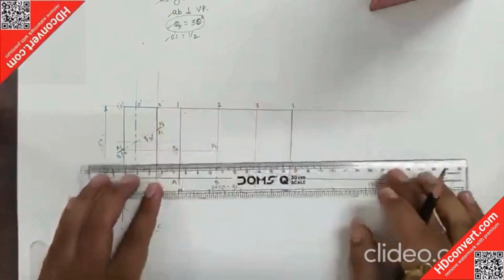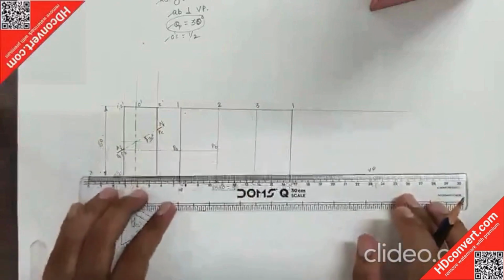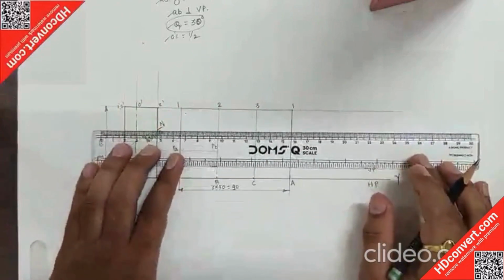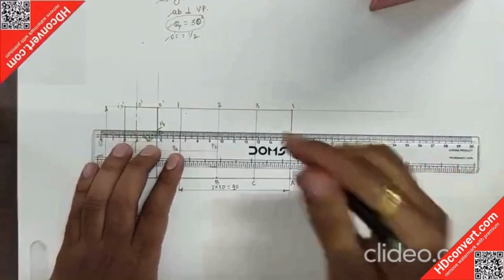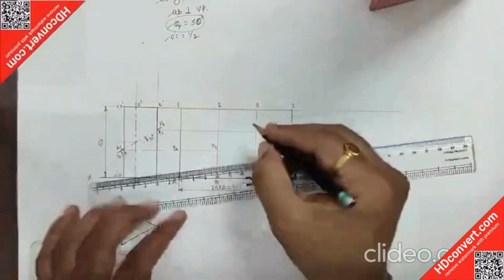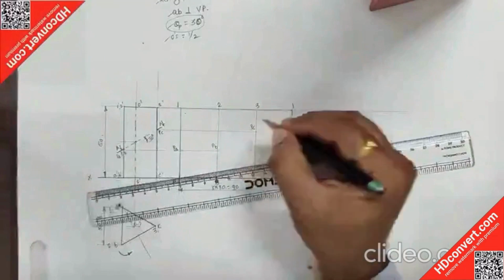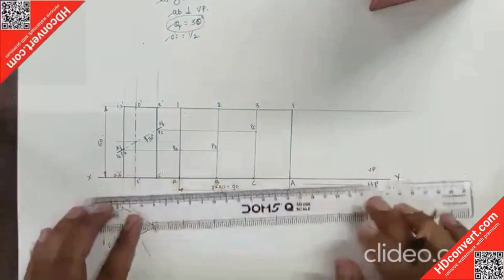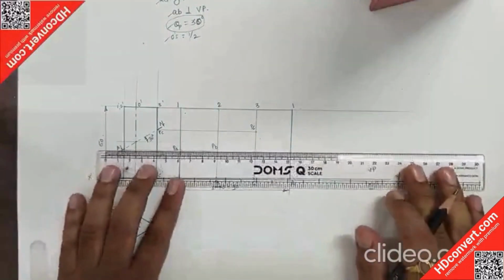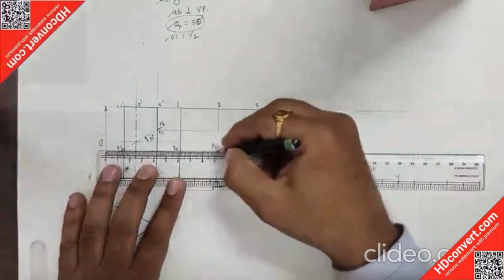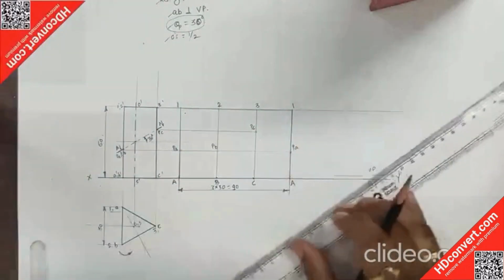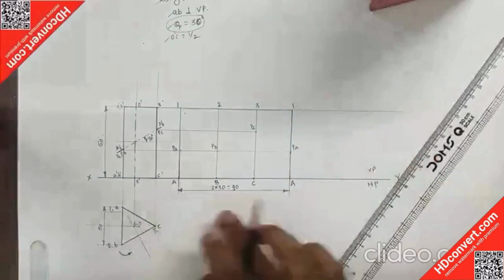The PC point is lying on 3C at this much height. Project that parallel to XY, so here you obtain PC, and again the PA point, because the starting point and end point must be the same. That's why at the same height on the AB edge there is a PA point.